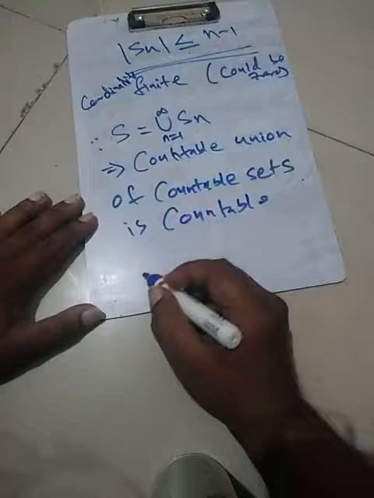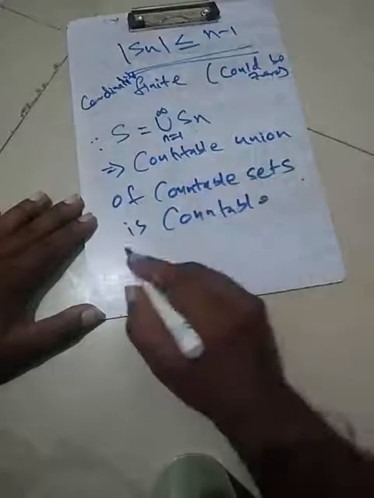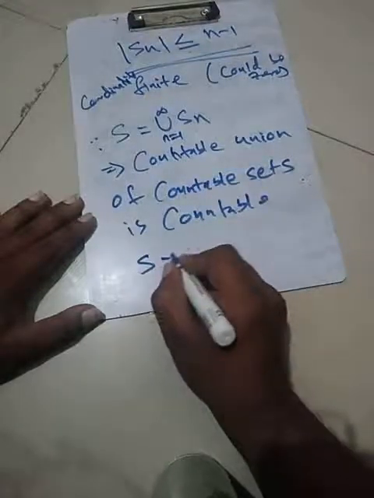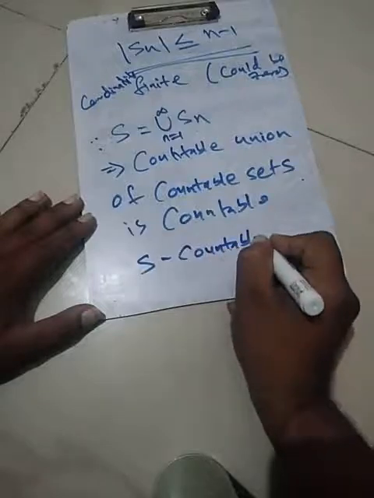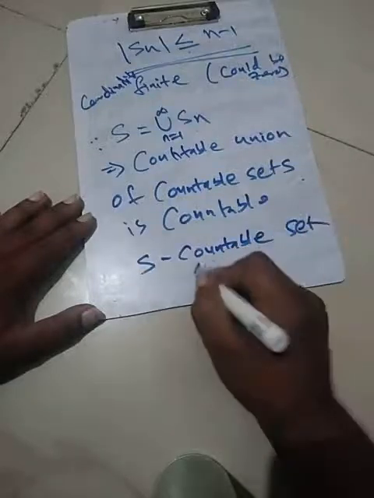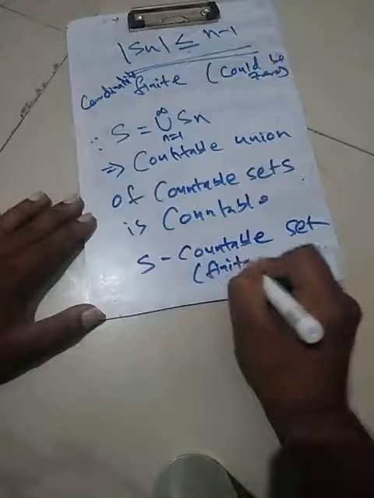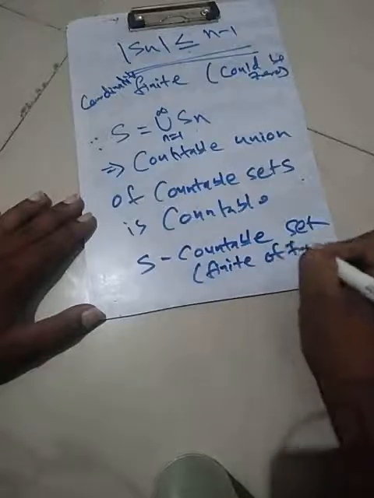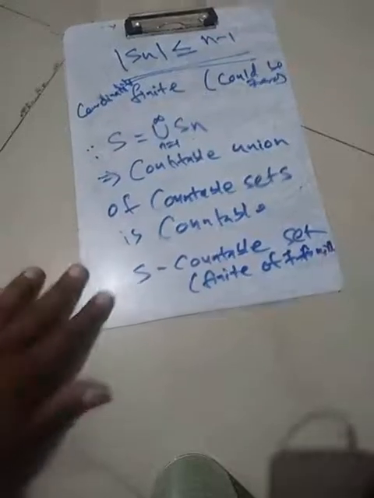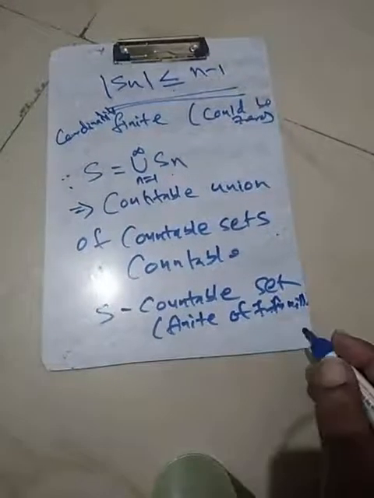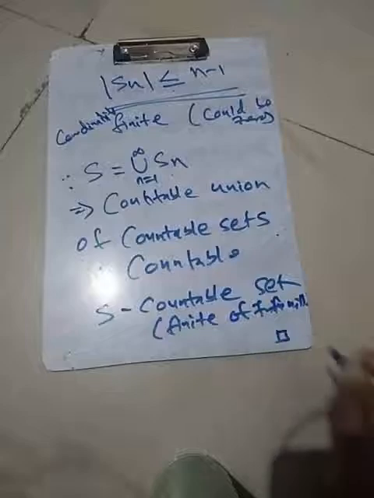If one of them is non-empty, then at the most it could be countable. So S is a countable set, either finite or infinite countable. That is what we have got. That finishes this part. We will use this fact in another.